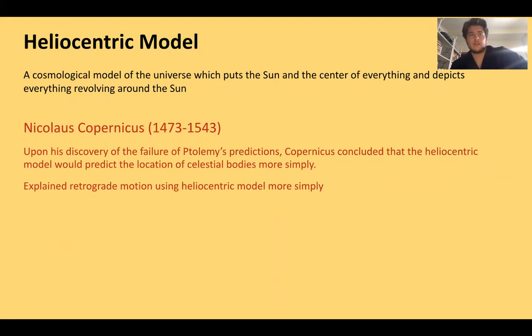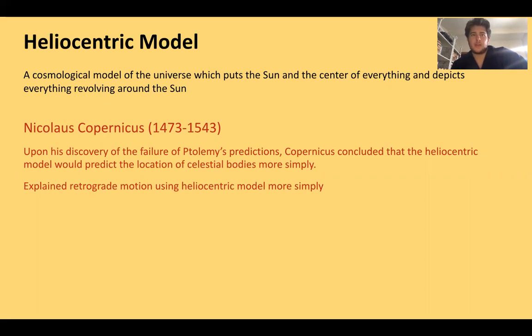But it was during a convergence of a lot of the celestial bodies in our solar system in the constellation Cancer that Copernicus discovered that Ptolemy's predictions of where celestial bodies would be were incorrect. So he found out that Ptolemy was wrong, and he wanted to discover a new model.